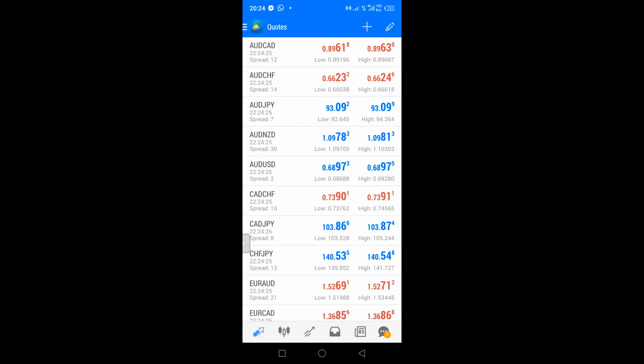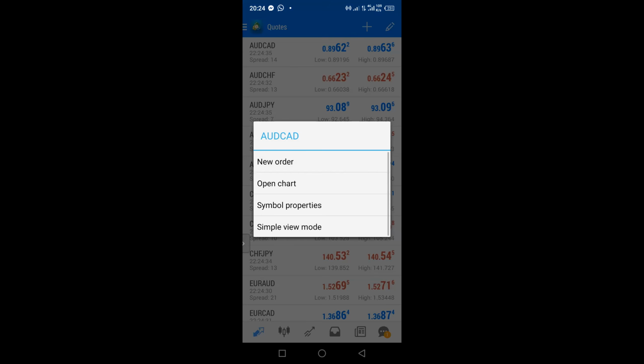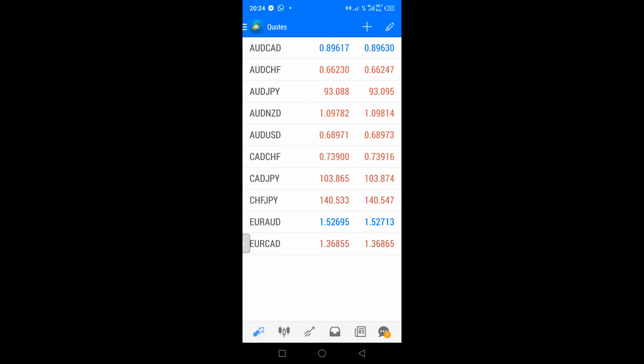But underneath there, you can see spread. The spread is 12 as at this moment. It just changed to 13, 14. Spreads aren't constant. If I click for a while, long press on that screen, on any of the pairs there, you will see simple view mode. I can click on simple view mode, and it simply takes out the spread and so many other things, right?